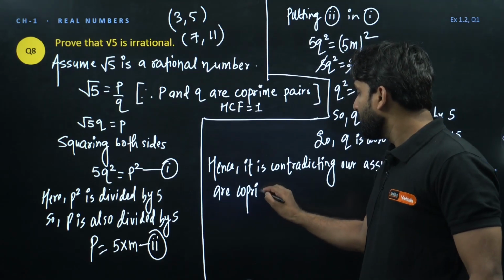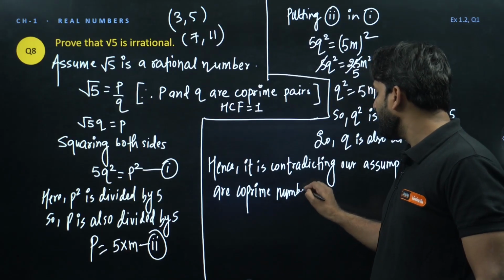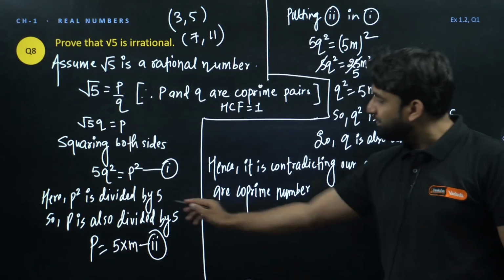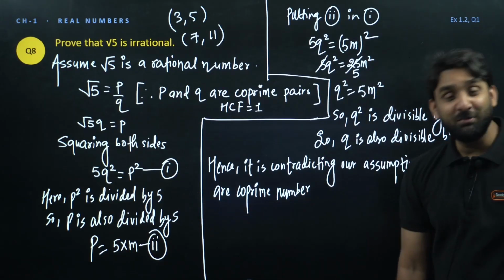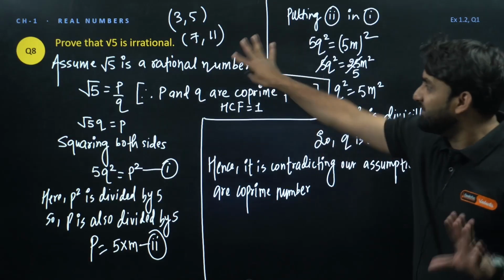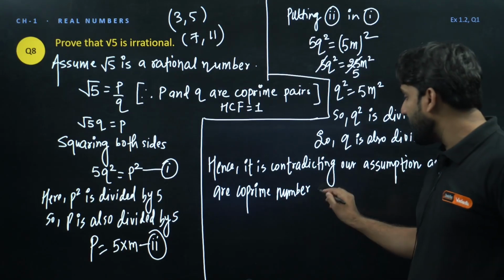Co-prime numbers. But what have we gotten here? We have proved that Q is divided by 5, P is divided by 5. It means that P and Q are having one more factor. So this assumption has become wrong. So it is contradicting our assumption that P and Q are co-prime numbers.